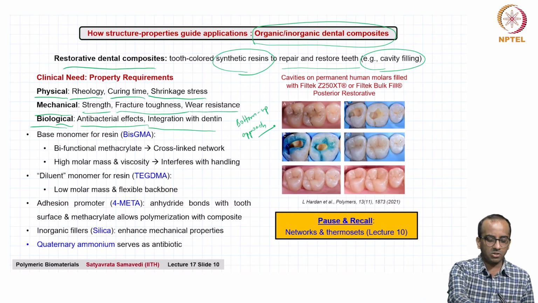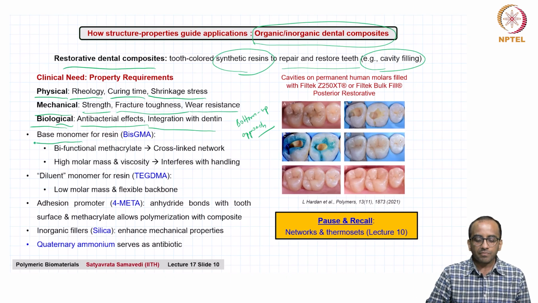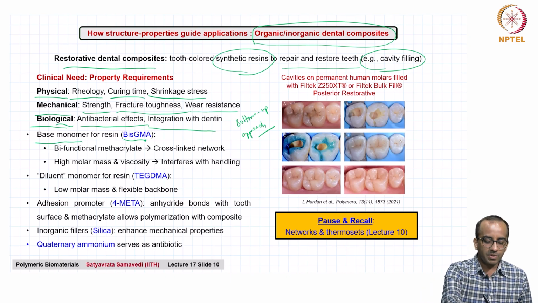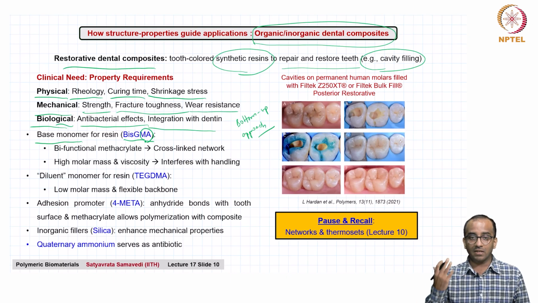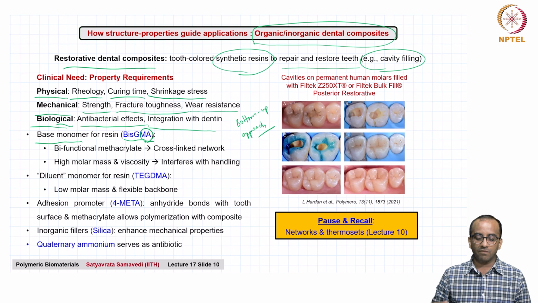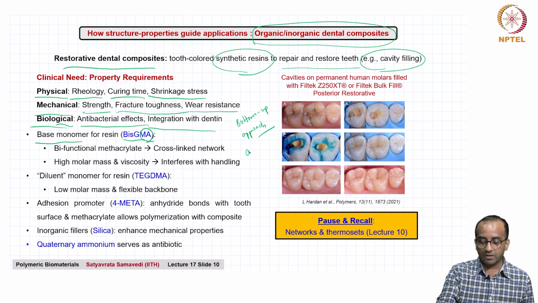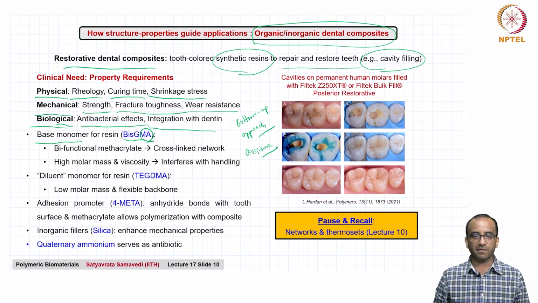The first one is the base monomer, which is bis-GMA. This MA simply stands for methacrylate. If you recall polymer structure from the earlier lectures, you will immediately be able to connect this with the ability of the methacrylate group to cross-link in the presence of light of a specific wavelength, right? So, it can form a cross-link network.